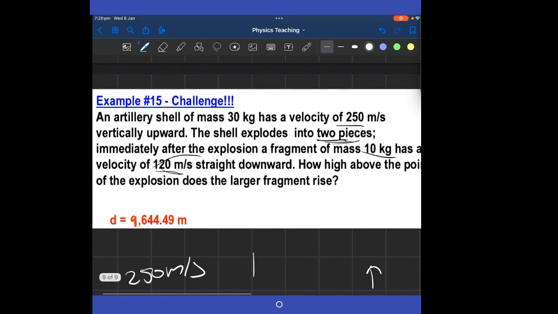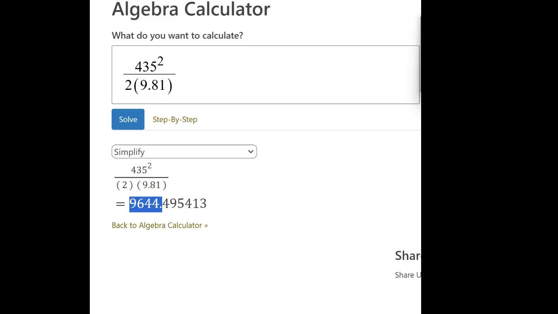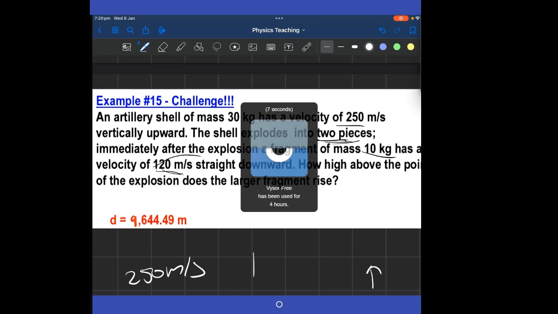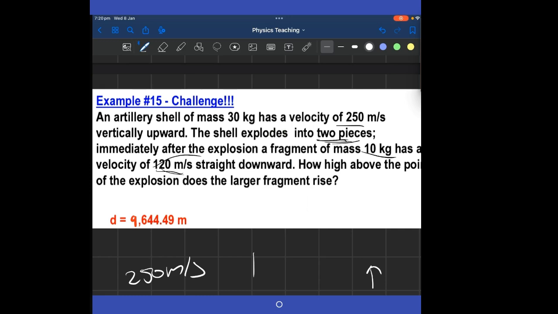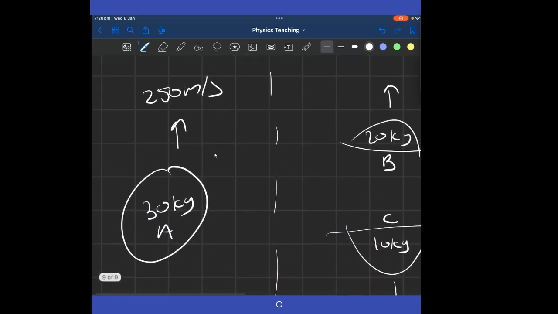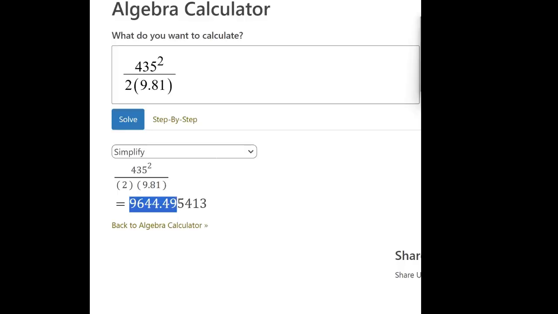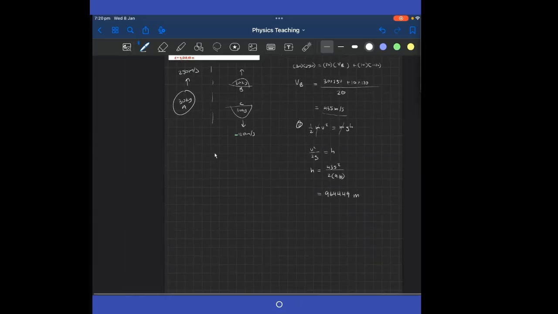The question obviously wants us to be more specific, because the answers tell us. In a test where we haven't got the answer next to us, we should round this to 1 sig fig because 10 kg is 1 sig fig, but this question wasn't thinking about sig figs, so you don't have to. Therefore it's going to be 9644.49 meters above.